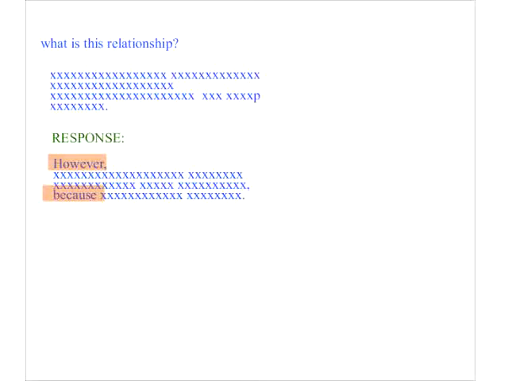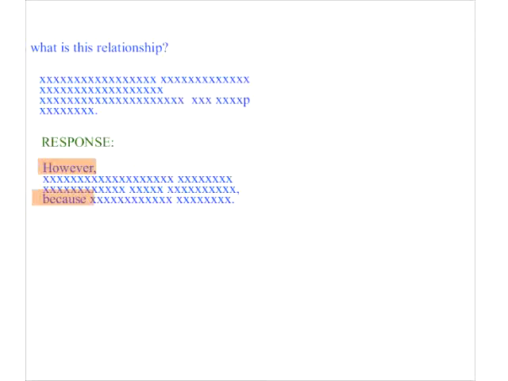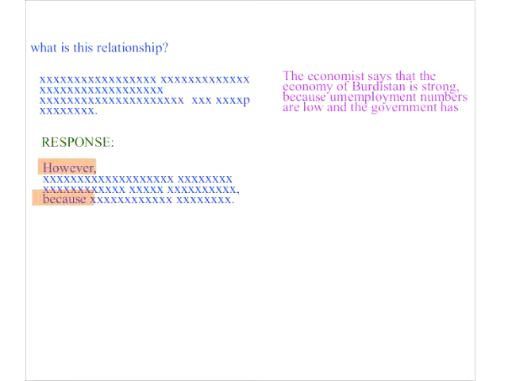So how about something like this? The Economist says that the economy of, I'm going to make up a country called Burdistan, is strong because unemployment numbers are low and the government has been creating new jobs at record rates.